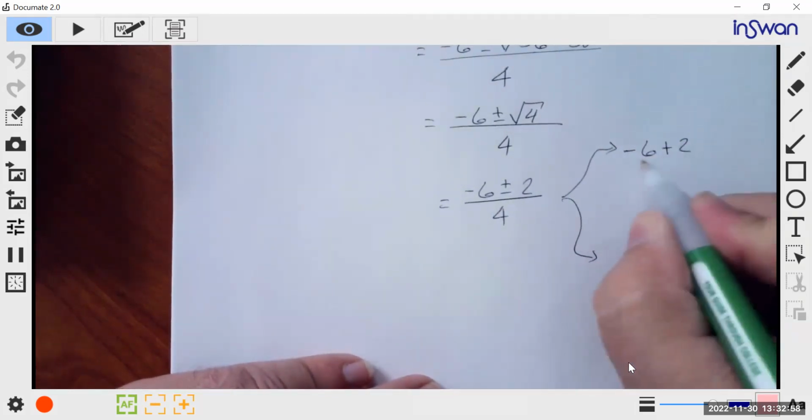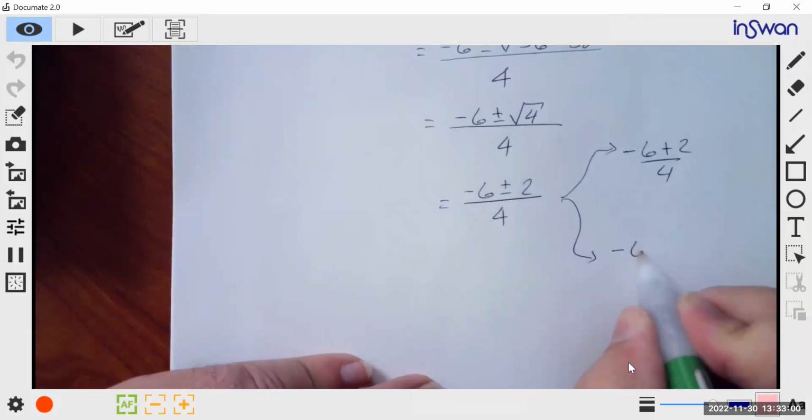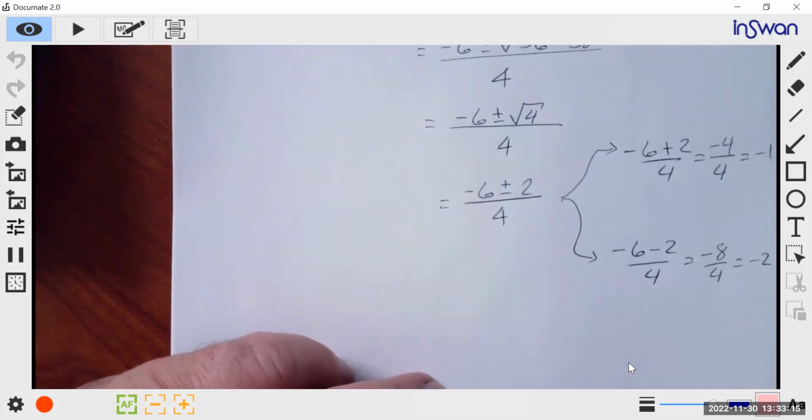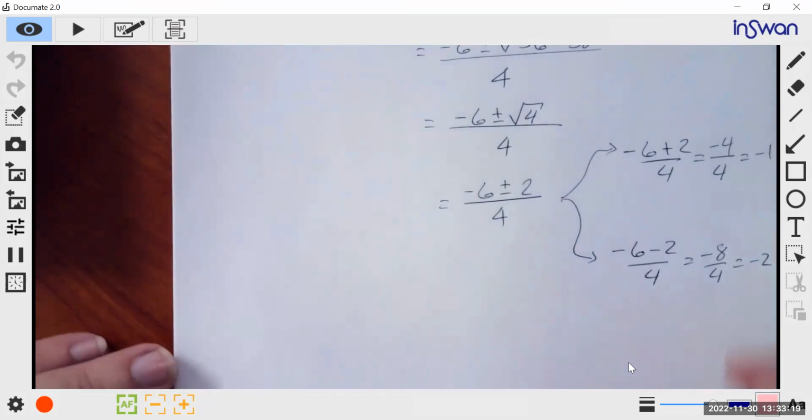Negative 6 plus 2 over 4. Negative 6 minus 2 over 4. Negative 4 over 4 is negative 1. Negative 8 over 4 is negative 2. So these are my x-intercepts.